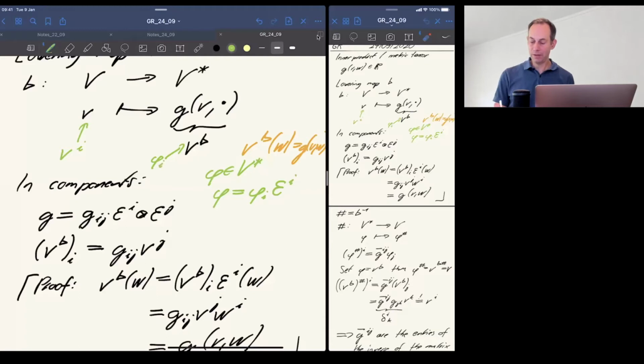And so the lowering really refers to these components with index up and with index down. So in the end that's just terminology, but it's indeed confusing if you think of the basis elements. They are not the reason why we call this lowering. They're the coefficients. Okay, thank you very much.